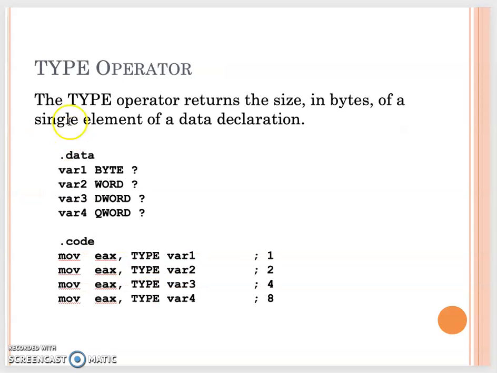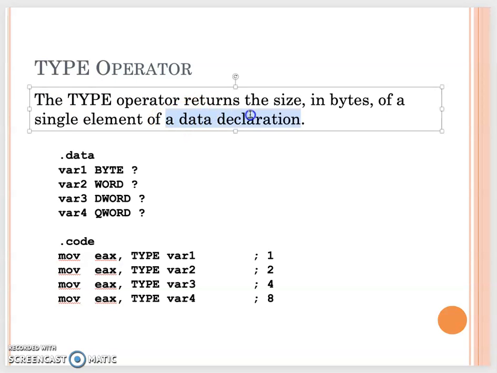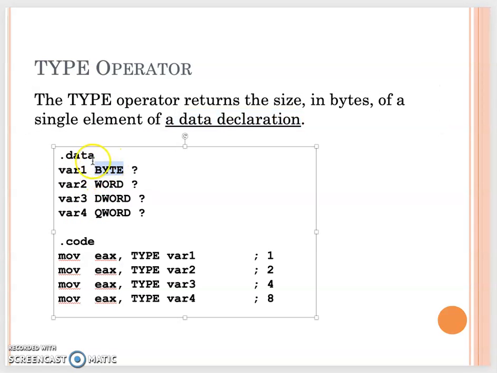Then we also talk about the type operator. The type operator returns the size in bytes of a single element of one data declaration. You need to always remember that the data declaration for val1, val2, val3, val4 is associated with the label. So if you use type val1, it knows that's a byte, so it will return 1.